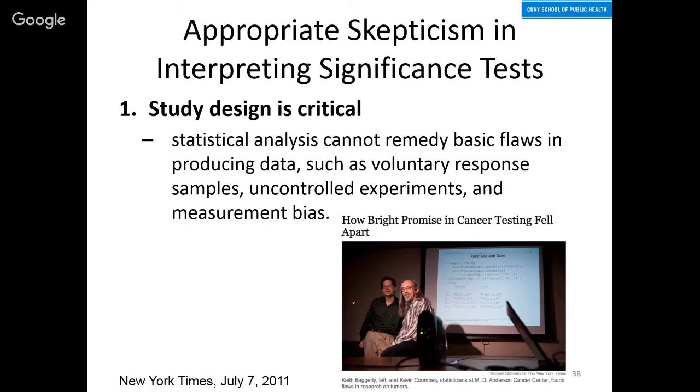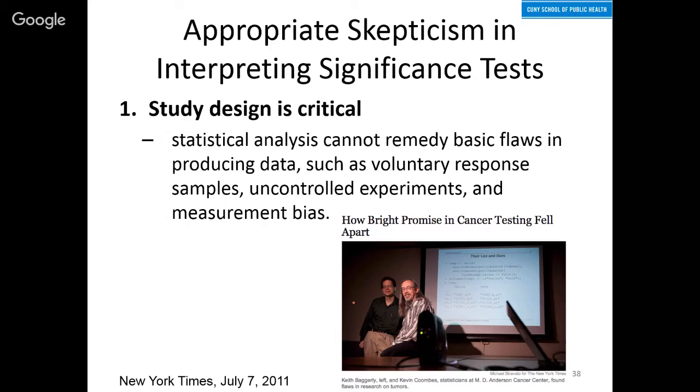The p-value controls only for random sampling error. That's it. So any of these other sources can also produce type 1 errors, but they are type 1 errors caused by other reasons, not random sampling.